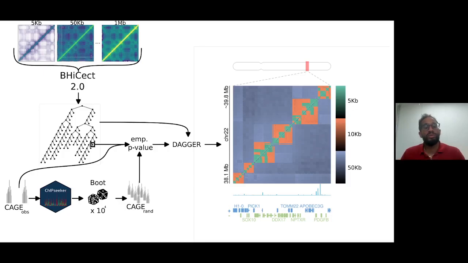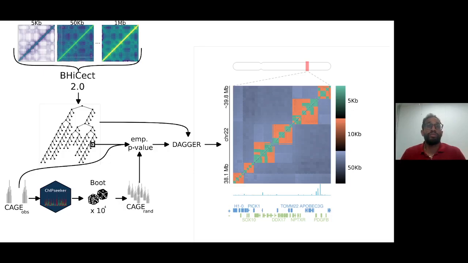We are able to do this by using ChIPseeker annotation of those CAGE peaks for each sample, and then try to reproduce the annotation composition that ChIPseeker produces with the shuffled coordinates that we produce for each bootstrap.